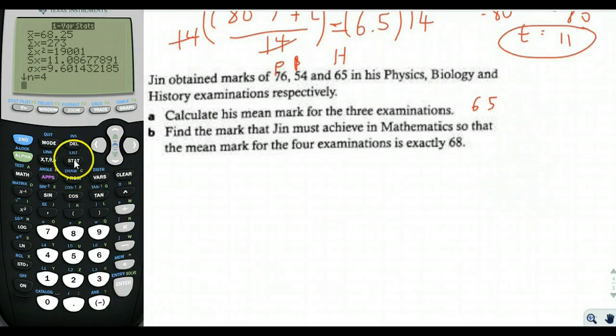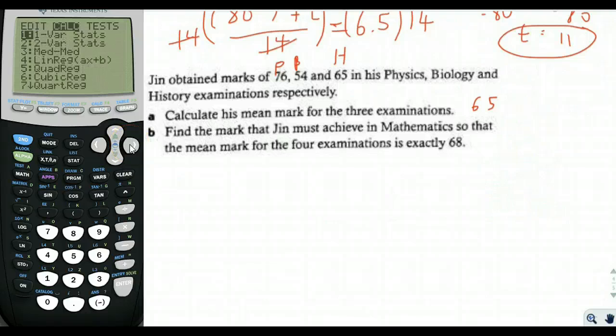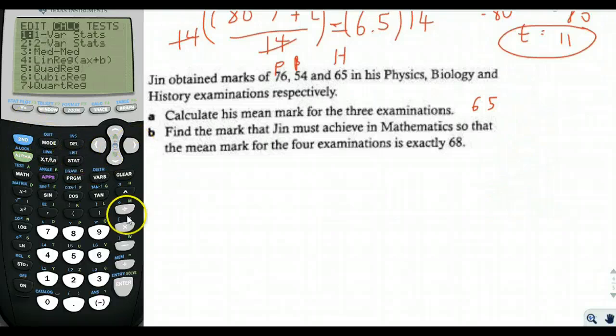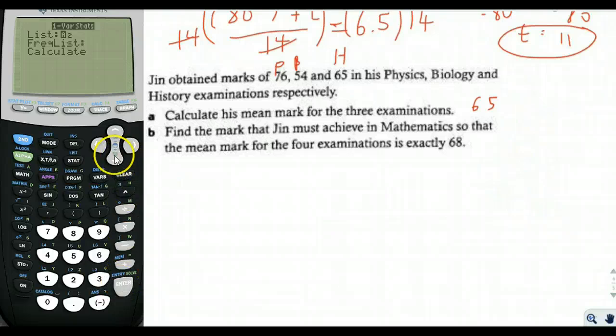Oh, I went over a little bit too much. So instead of 78, I'm going to put 77. Do you see how, since you have the calculator to do this, guessing is not completely inefficient, especially if you're not so good at algebra.